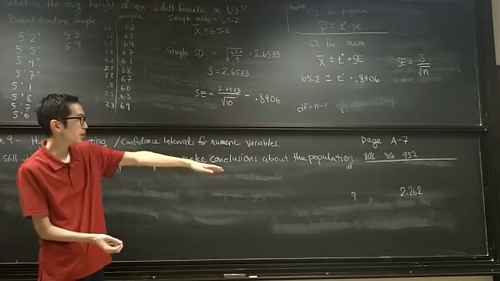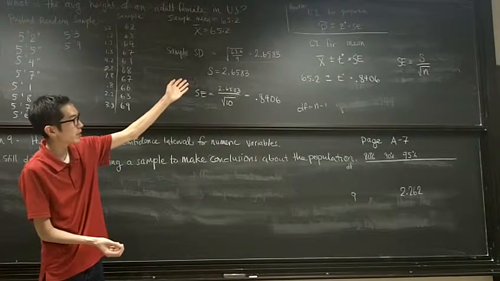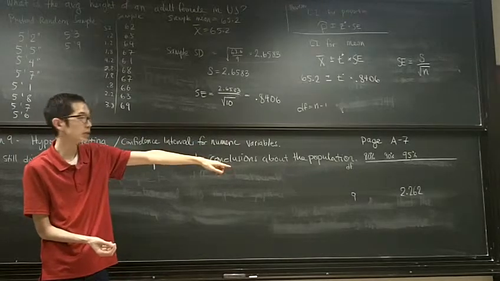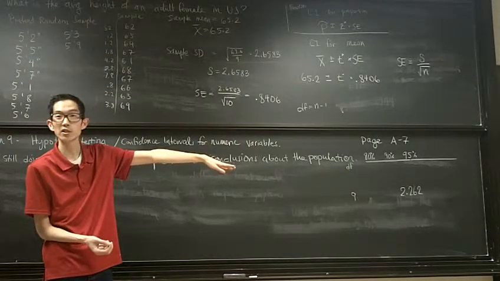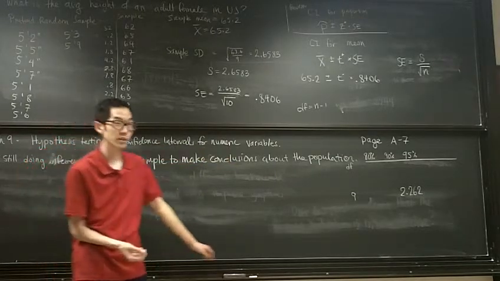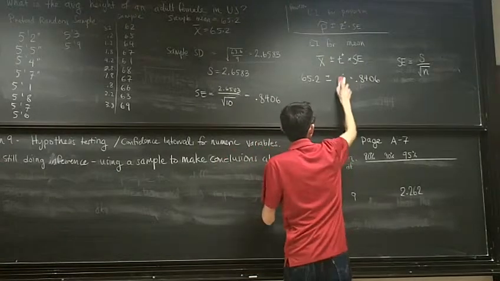So in this problem, I'm saying let's make a 95% confidence interval, and I'm going to use 9 degrees of freedom. So my t star is 2.262. Is this okay with everyone? All right, so now I just plug that in.